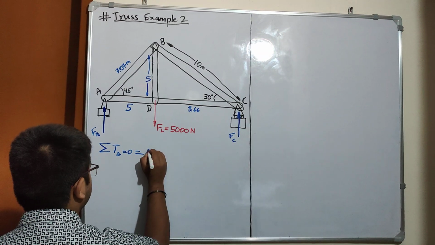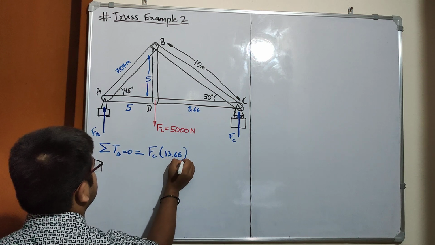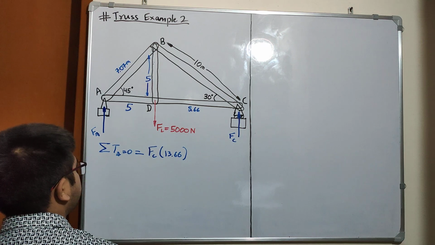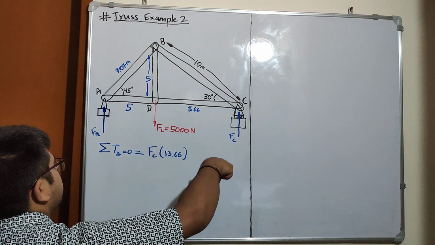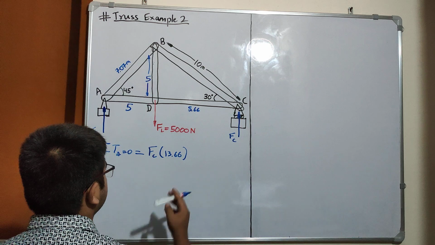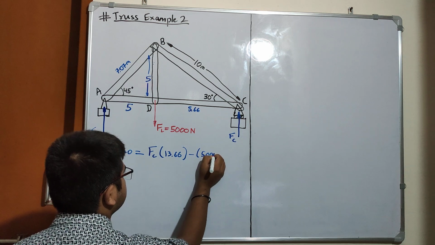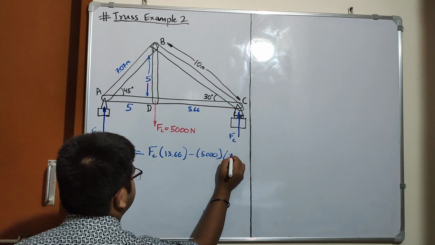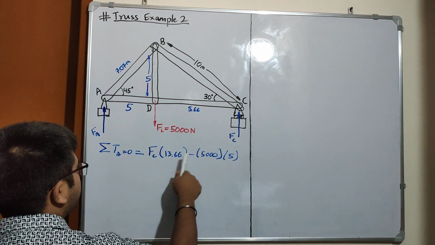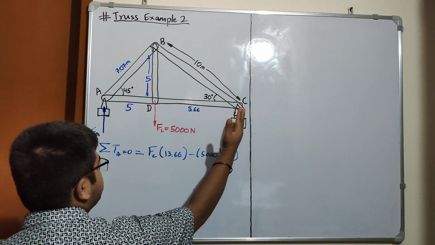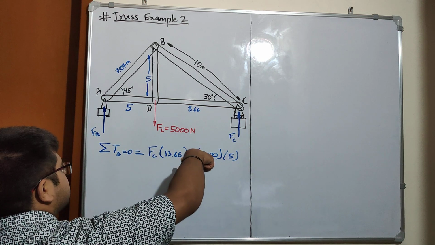So we have Fc cross 13.66, and we have Fl cross 5 in the negative direction, 5,000 cross 5 in the negative direction. Now from this equation, these values I have got by using the right hand rule. This was in positive direction, and for this Fl, this was in negative direction.